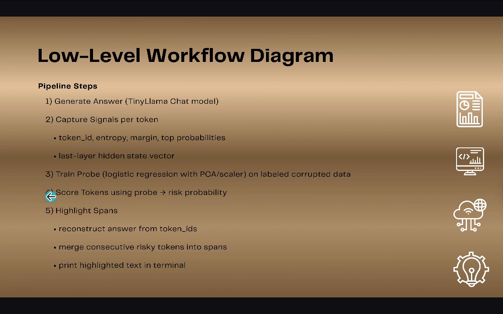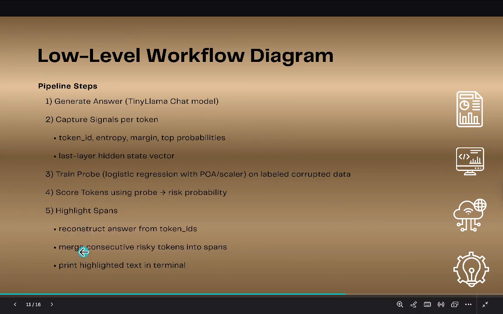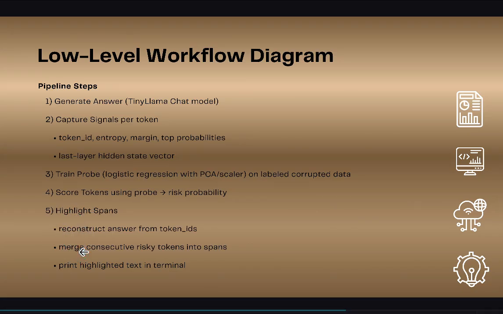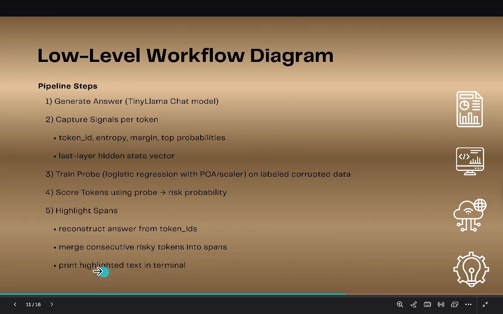After that, I score each token using the probe, and I get a risk probability per token. Then finally, I rebuild the text from the token IDs, merge risky tokens into spans, and print the answer with highlighted risky spans in the terminal.